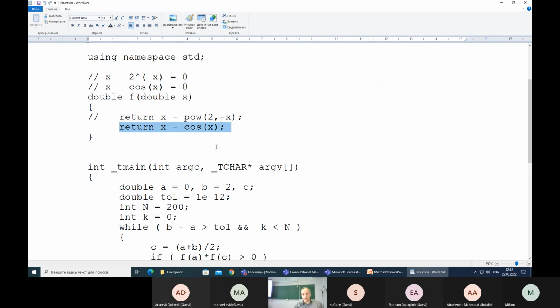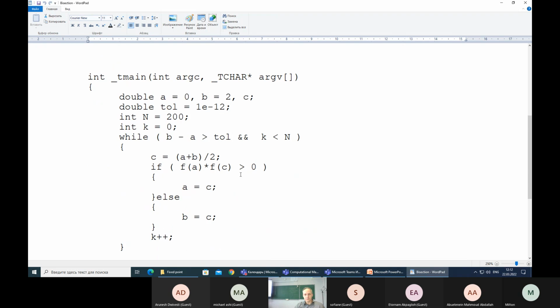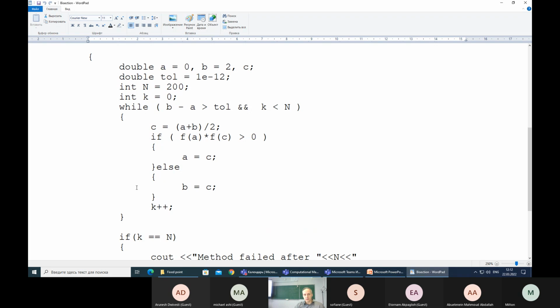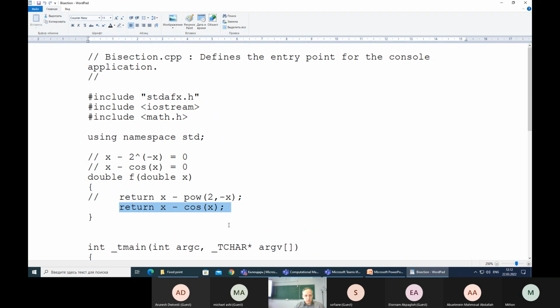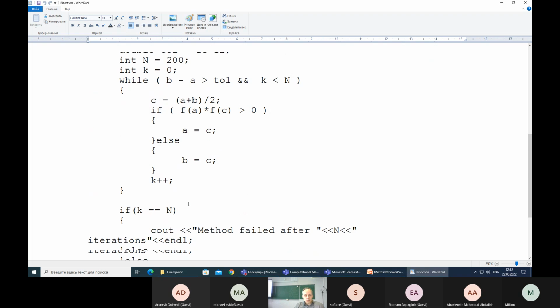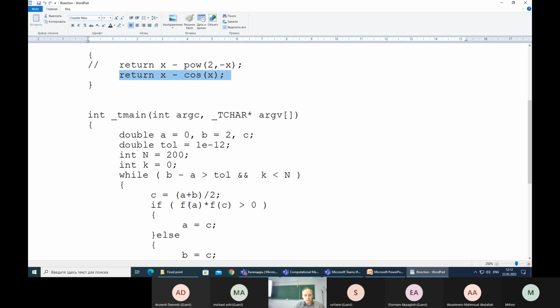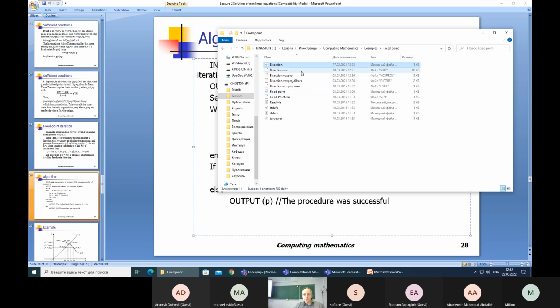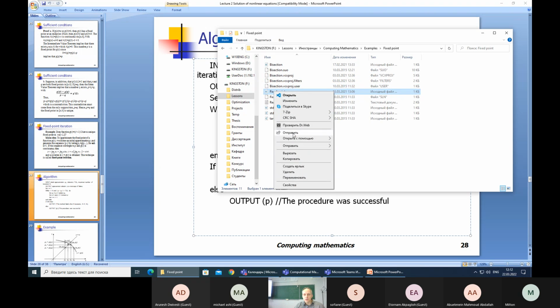Let's consider this function that we already considered on the board, x minus cosine x, and this while, oh sorry, it's the bisection method, it's not fixed point. Where is fixed point? Fixed point is here, of course.